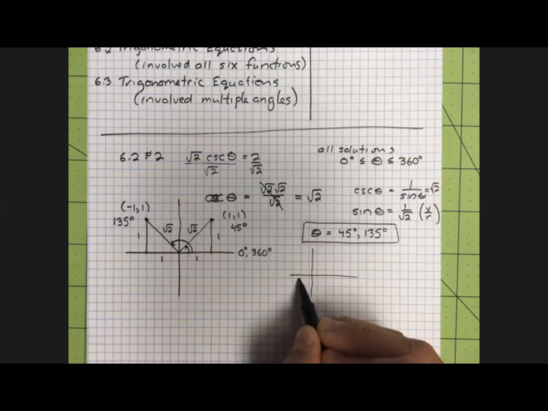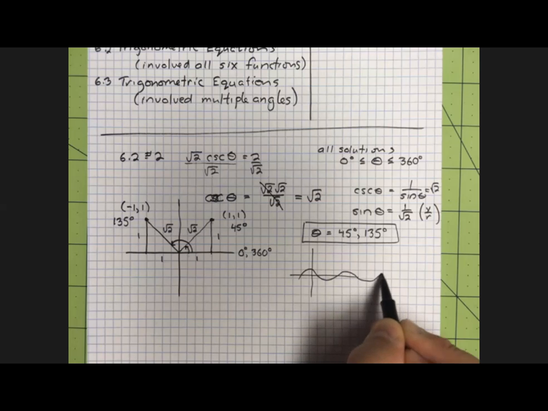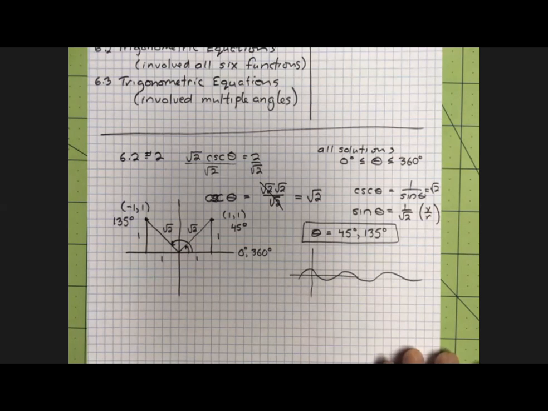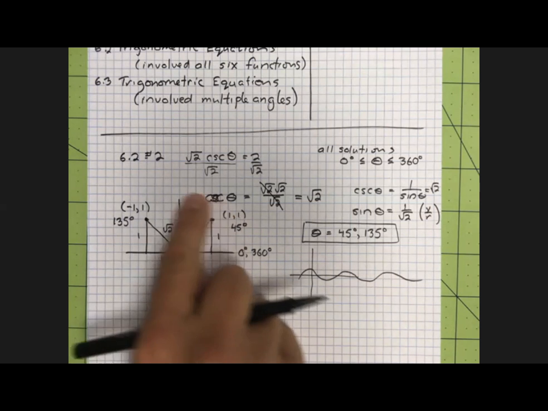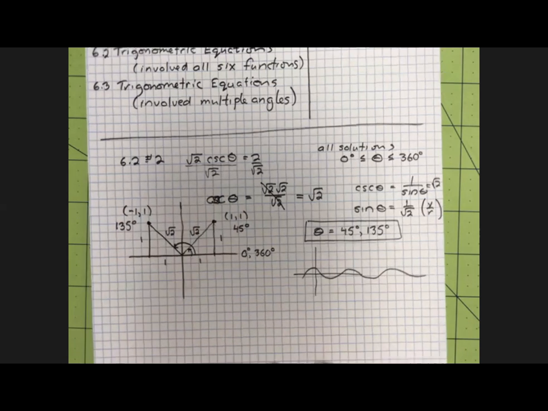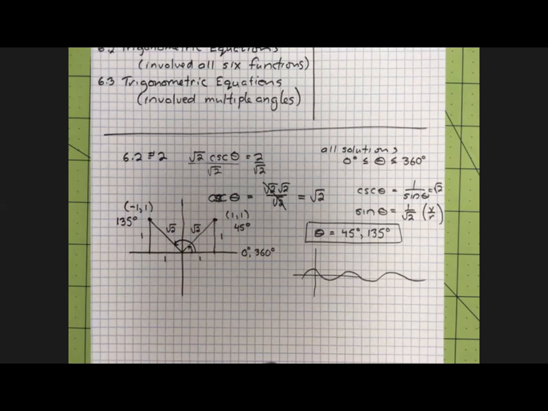I had some people that were drawing wavy lines like this. This might be the graph of a sine or cosine function, but it's not an angle in standard position. So if you need to review how to do that, you go back into chapter 1 in early sections like 1.2, 1.3, 1.4.